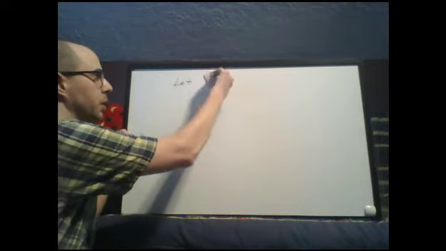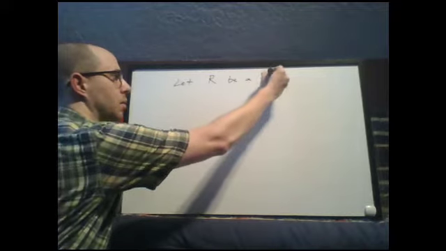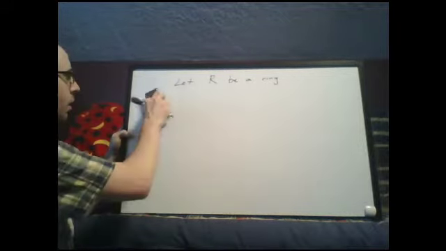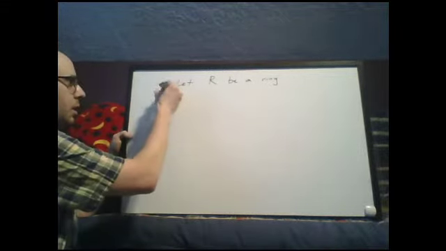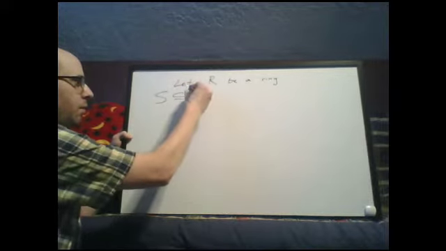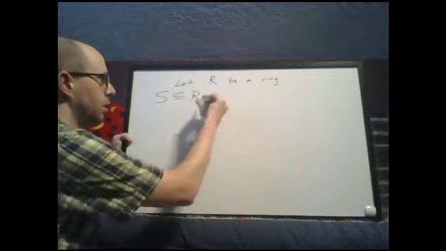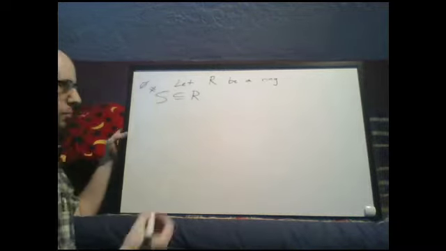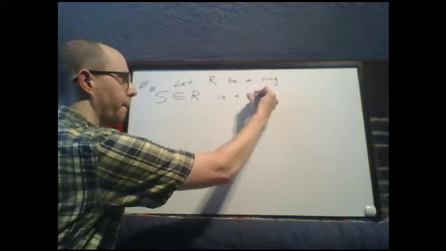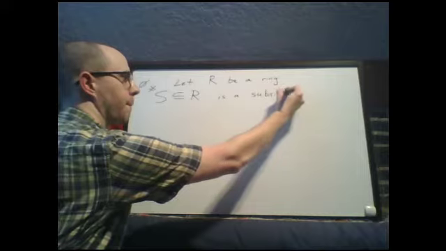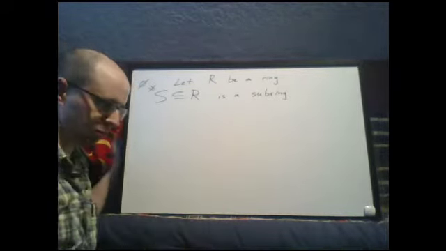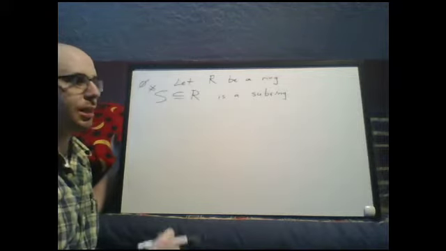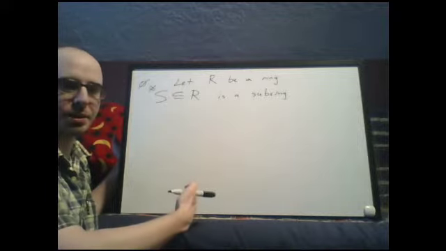So let R be a ring. A subset S, so it's a subset of R, and of course it's not empty, so it's not the empty set, is a subring. Really, when we attach the prefix sub to anything, what it means is it's a subset and it's the same type of thing.